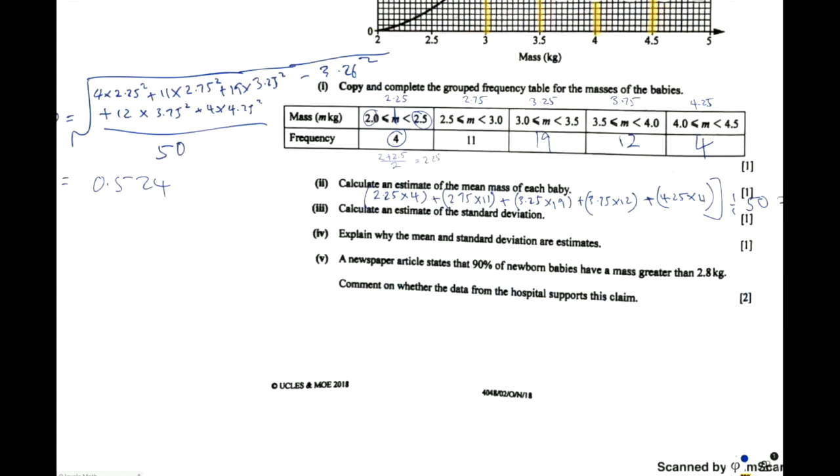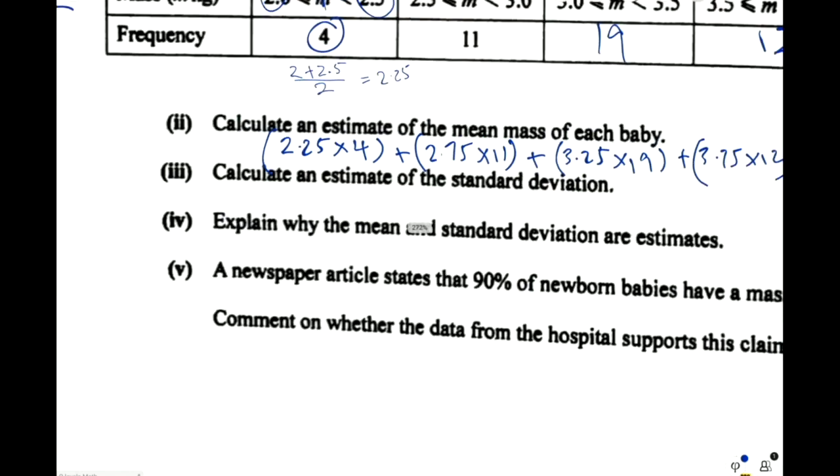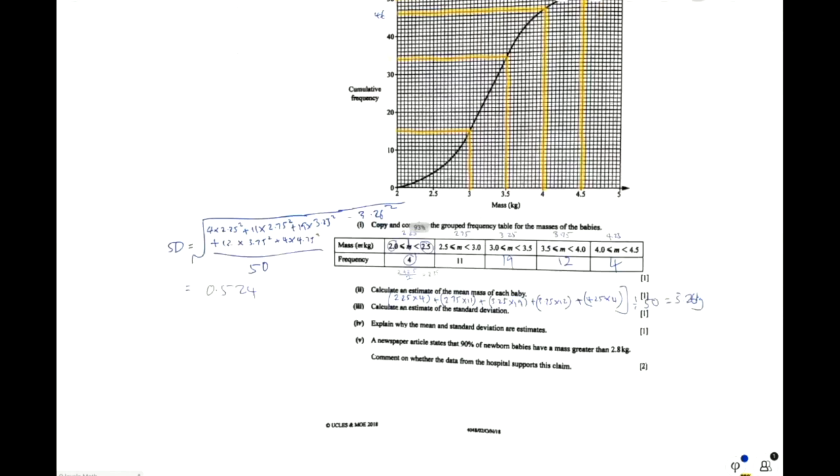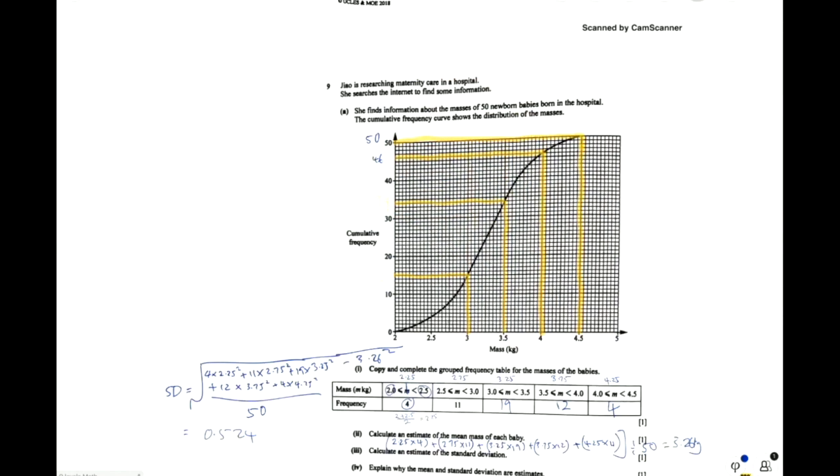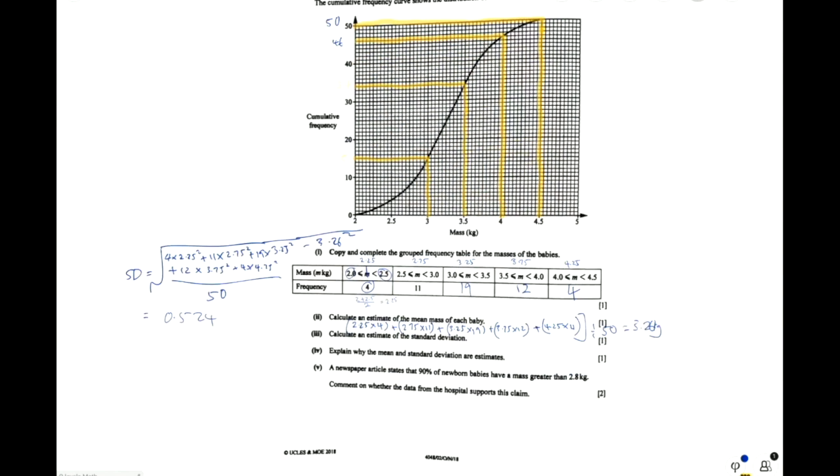So she finds that the mean and the standard deviation are estimates. It's not exact. Okay. Why is it an estimate?